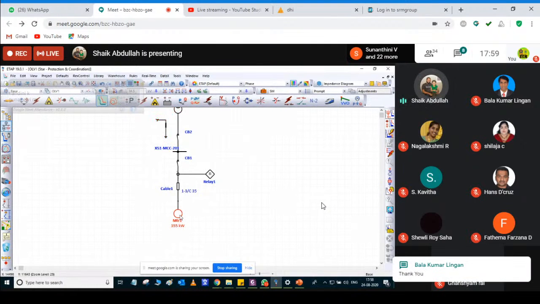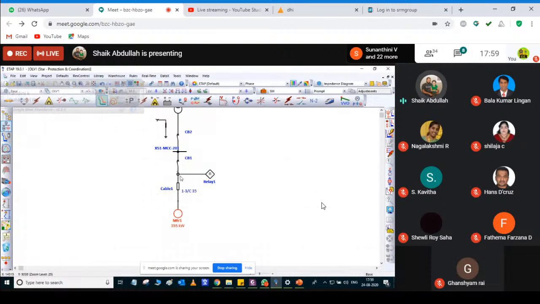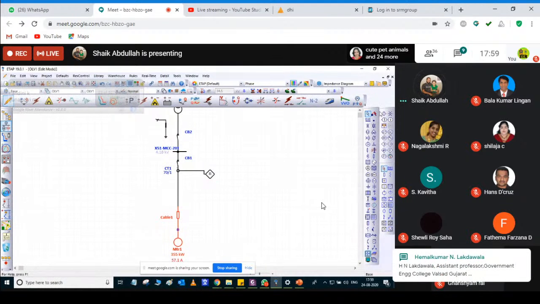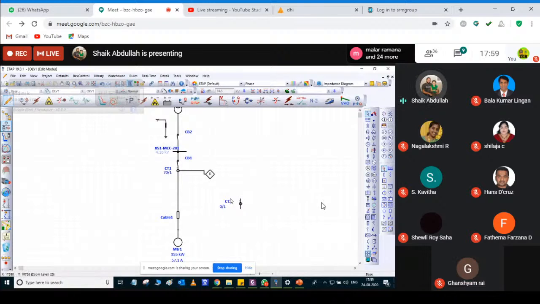In this case, you are not supposed to use your phase CT as a ground CT. What you have to do is add a CBCT here. That is your primary requirement. For that you have to use a CBCT. We don't have a separate CBCT in ETAP; you have only the CT model here.